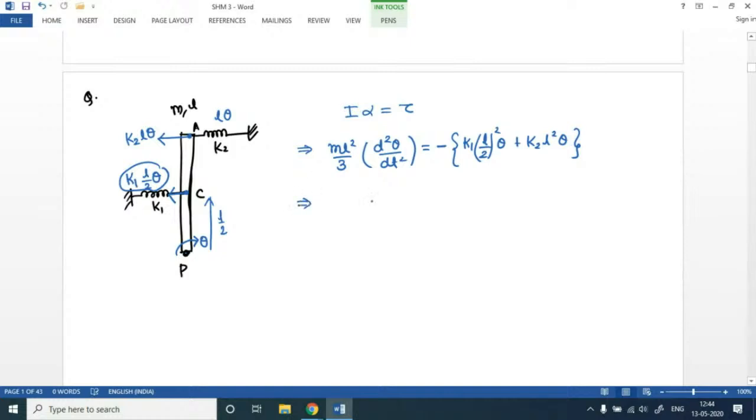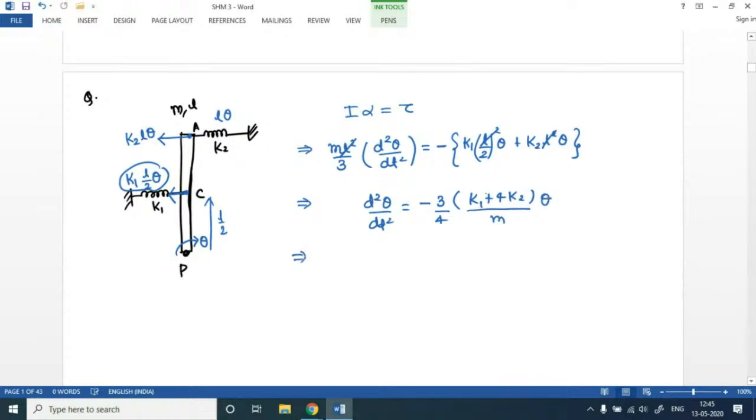So d2 theta by dt square we can definitely write, and you should realize this L square term will get cancelled on both sides. This will be 3, and in this bracket you will be having k1 plus 4 k2, and in the denominator you will be having 4 m, and theta will go out.